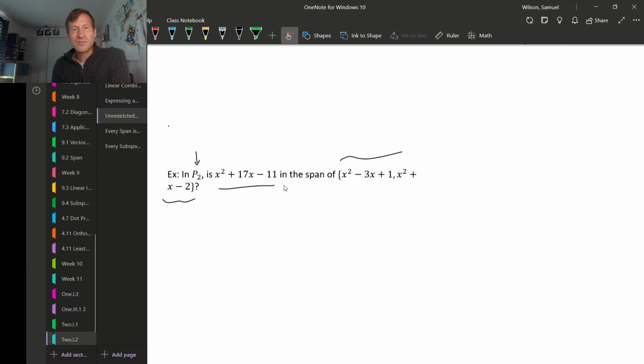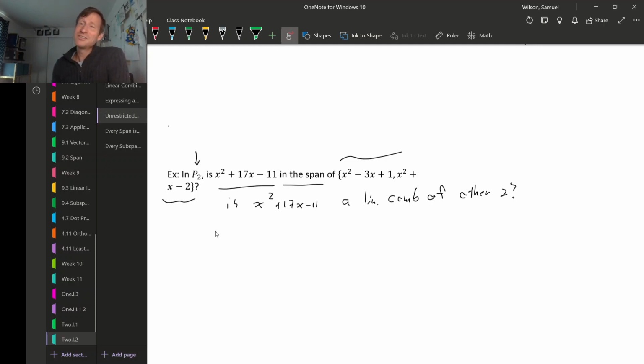Well, asking if something is in the span of two vectors is really asking: is our polynomial x squared plus 17x minus 11 a linear combination of the other two? Everything in the span of these other two polynomials is a linear combination of these two polynomials. So really we just need to know, is this polynomial a linear combination of the other two? How could we check that?